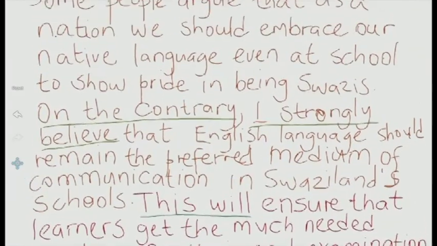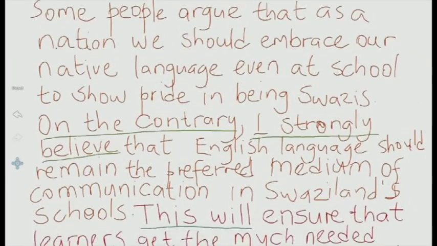So let's look at the entire paragraph just once again so that we see what we were talking about. We go over the passage once again. We said we begin with a counter-argument. "Some people argue that as a nation, we should embrace our native language even at school to show pride in being Swazis." That's the counter-argument. That is what they are saying. And then you put in a phrase that contradicts that one.